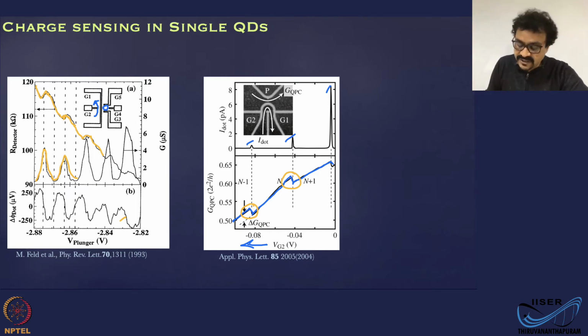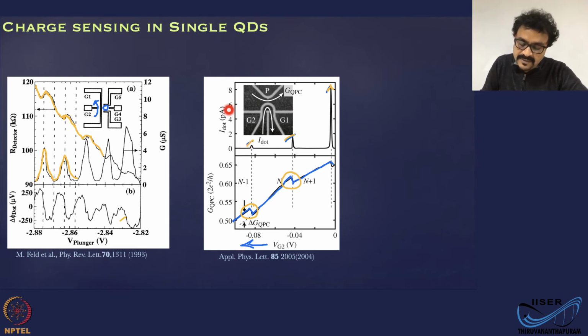So that is not affected by the negative gate voltage, but the current through the quantum dot is greatly affected by the tunnel rate, and it goes down drastically as the gate voltage is made more negative. You can see this peak height of the Coulomb blockade oscillations goes down drastically as the gate voltage is made negative.